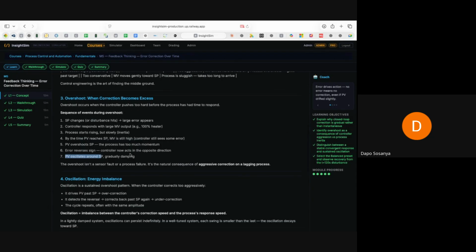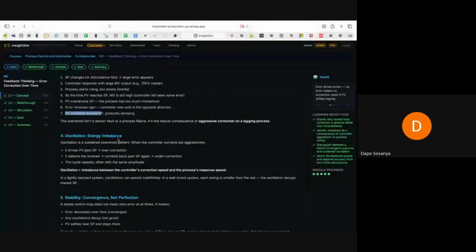So oscillation is energy imbalance, that oscillation around the set point. Oscillation is a sustained overshoot pattern when the controller corrects too aggressively. It drives PV past SP.